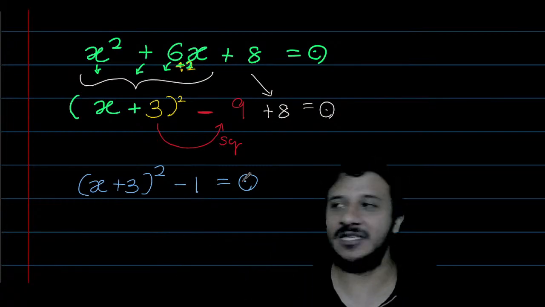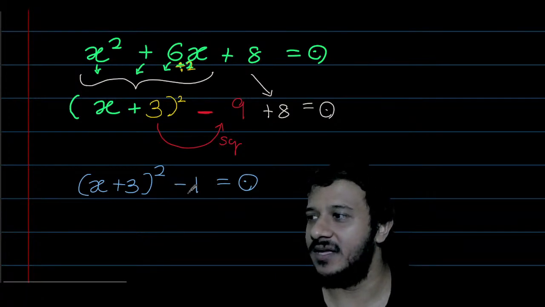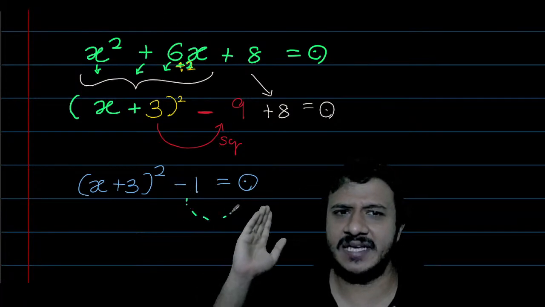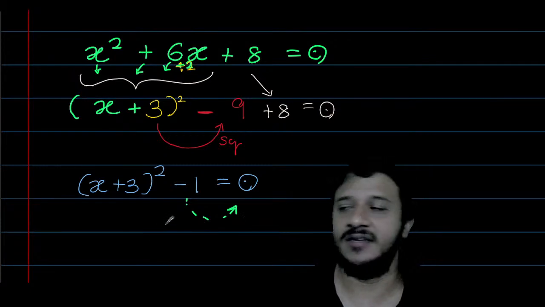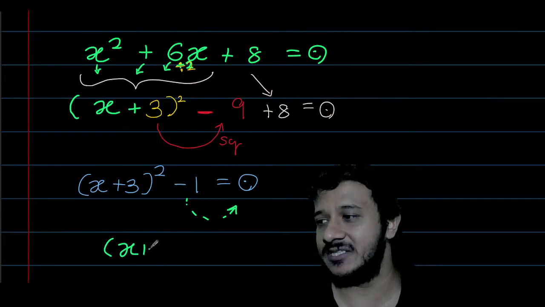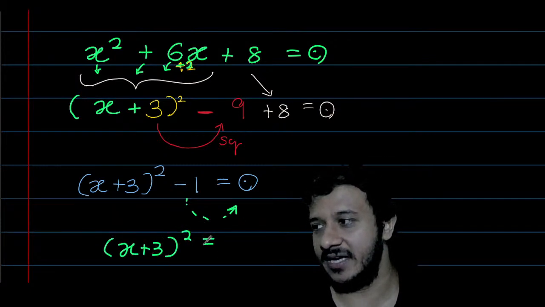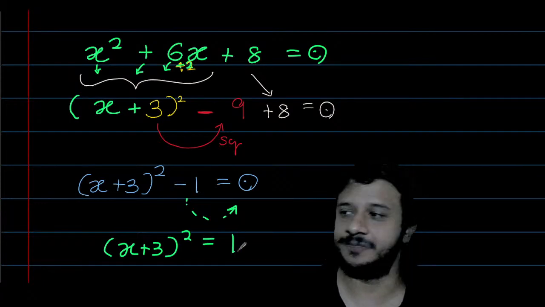To make this x alone, what should we do? This -1 comes to the other side as a +1. Then we will get x plus 3 to the whole square is equal to just a 1.